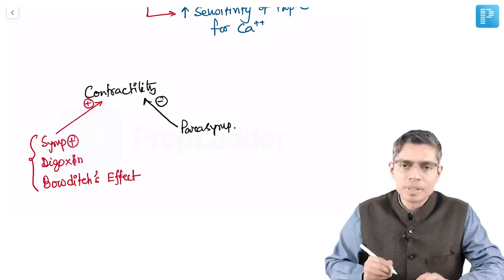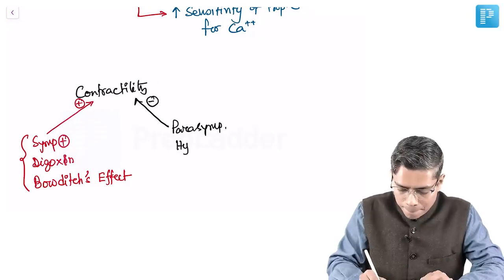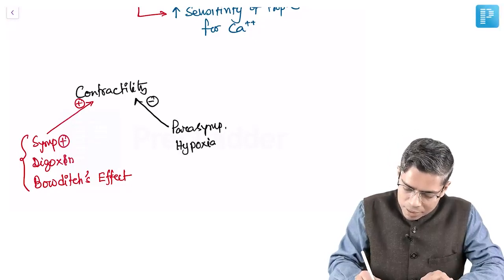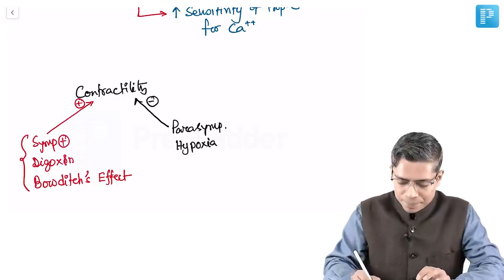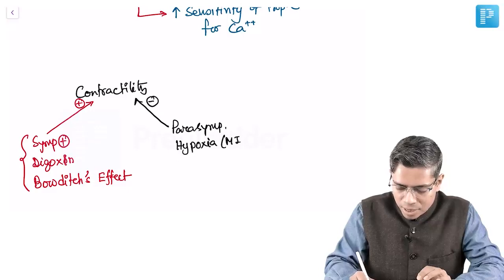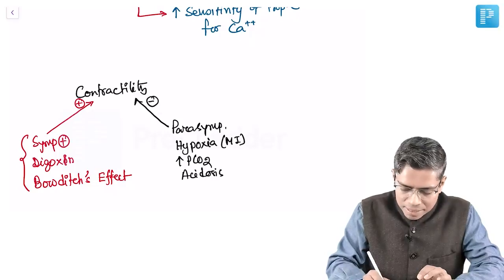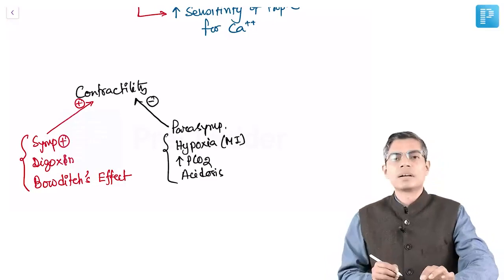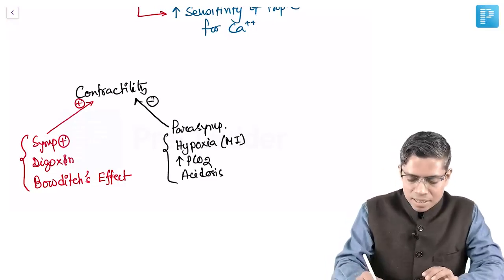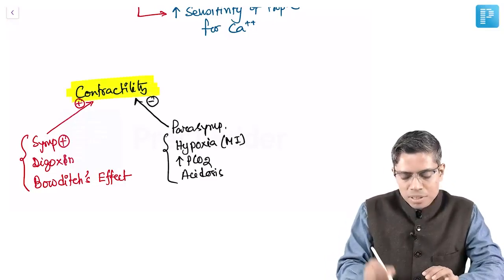Apart from that, if there is hypoxia, this causes direct depression of the myocardium. If there is myocardial infarction, if there is hypercapnia, or if there is acidosis, all of them can directly depress the myocardium and the contractility of the myocardium will also be reduced.